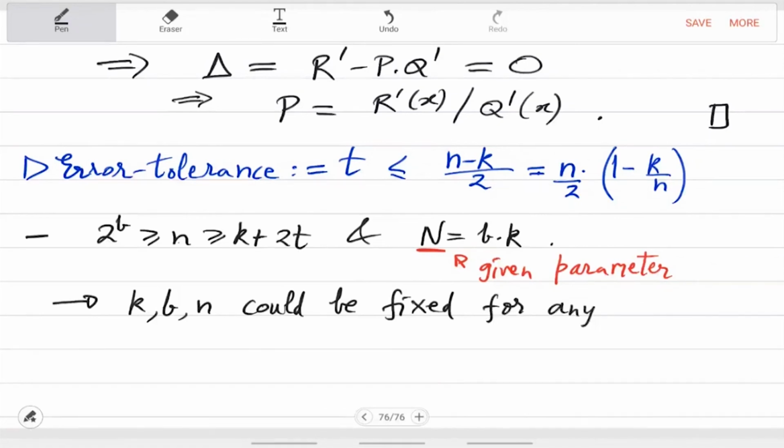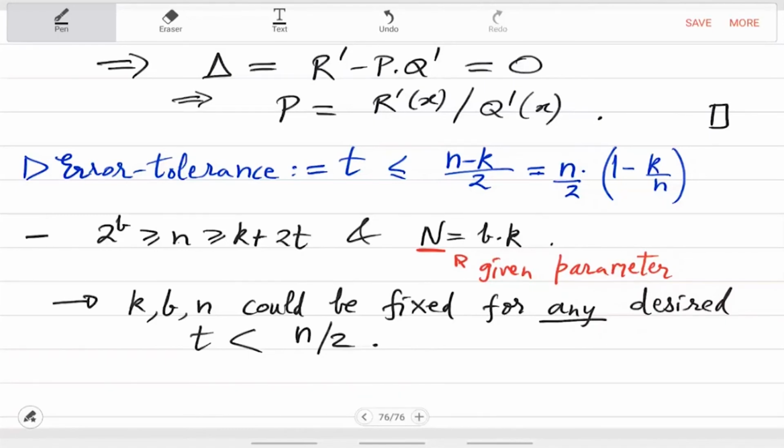For any desired t less than n by 2, whatever fraction you want, you can do this.